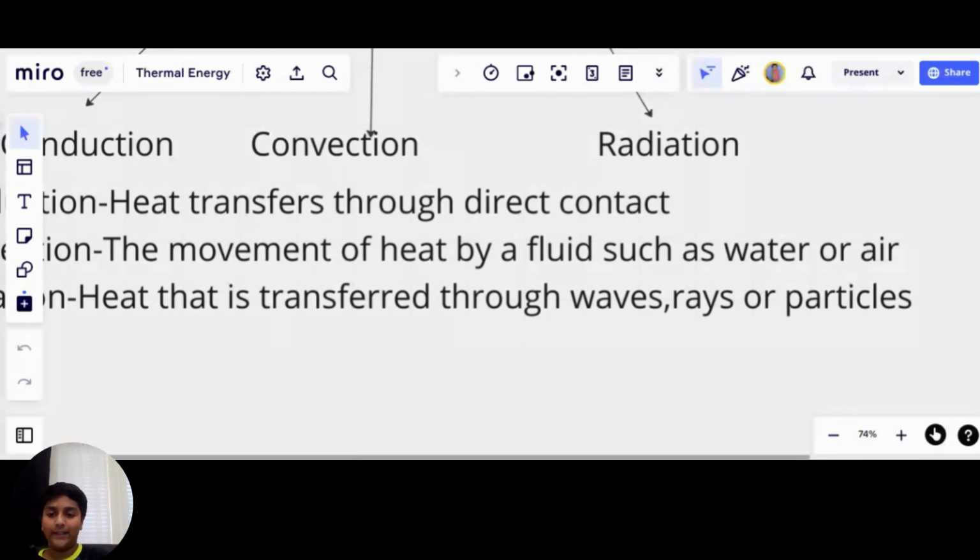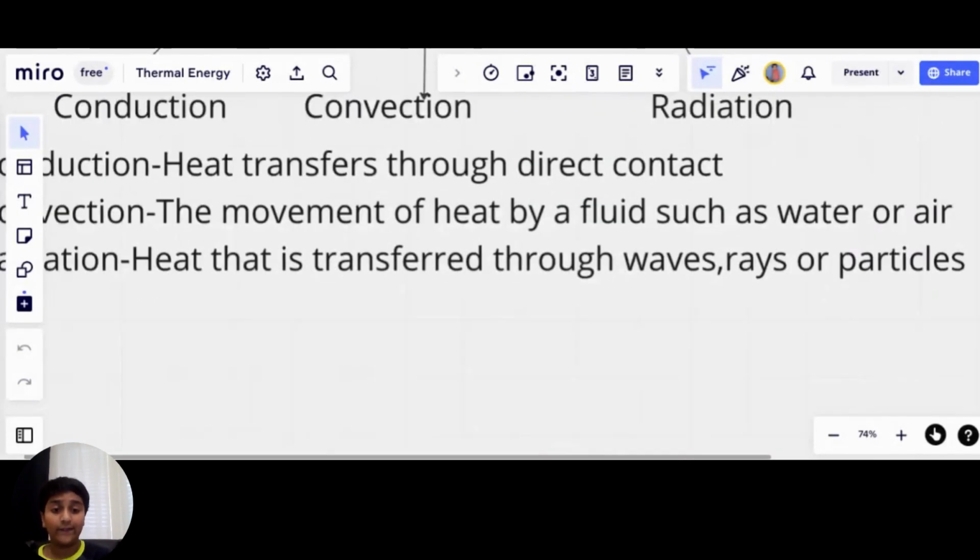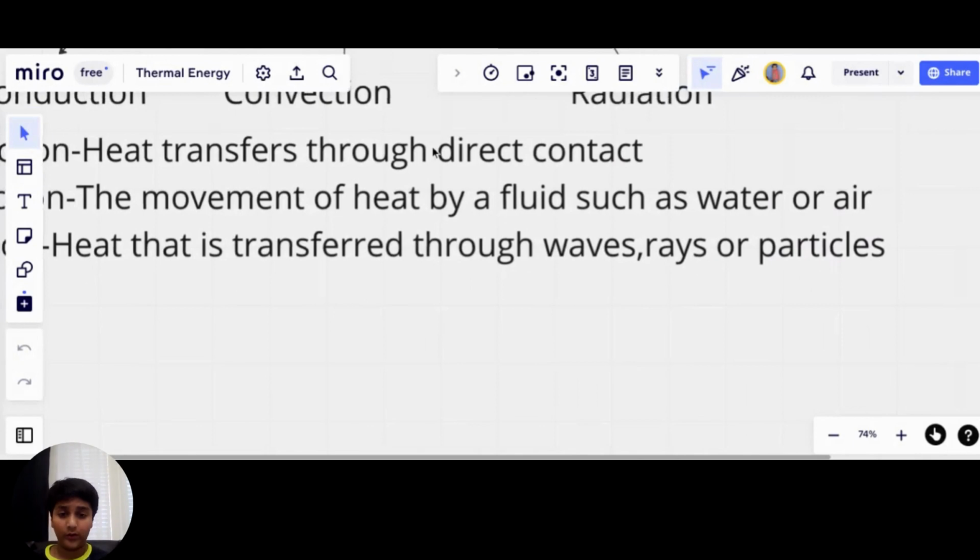Then we have radiation. Radiation is heat that is transferred through waves, rays, or particles. Now, let's use that same camping example that I used for convection. I can feel the heat from one mile away with convection.